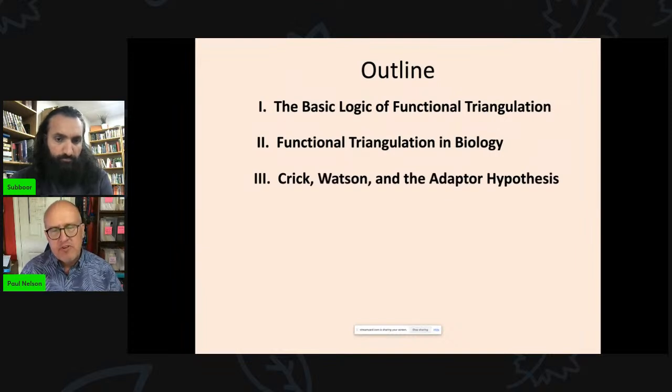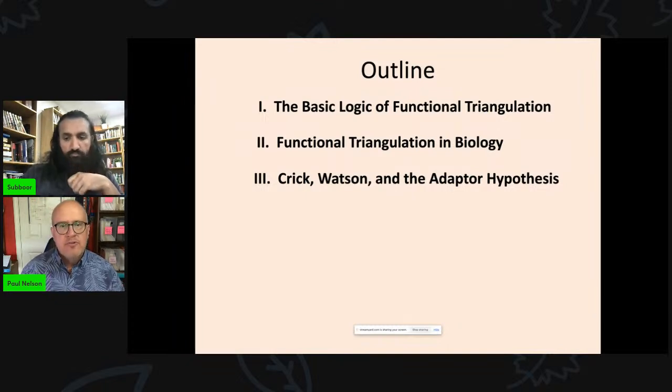We'll look in some detail at what I'm calling the adapter hypothesis, or it's not my name. That idea was due to Francis Crick and his office mate at Cambridge at the time in the late 1950s, Sidney Brenner. So part 3, Crick, Watson, and the adapter hypothesis.